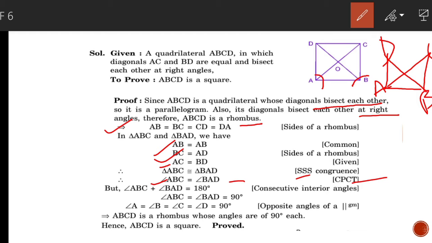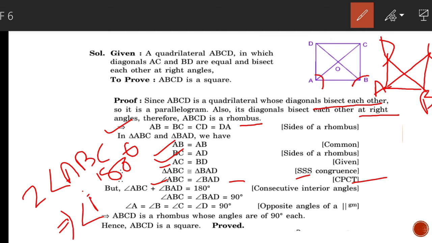So we can write 2 angle ABC equals 180 degrees, which implies angle ABC equals 90 degrees. So angle A is 90, so angle B is also 90.